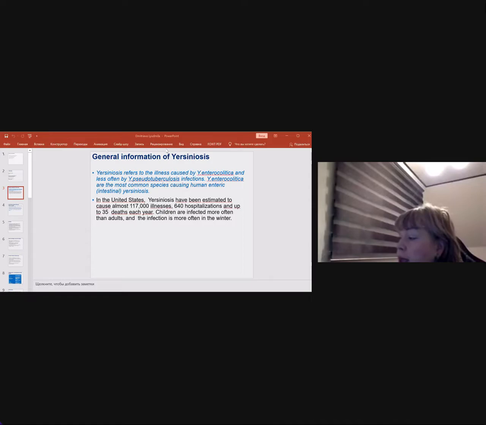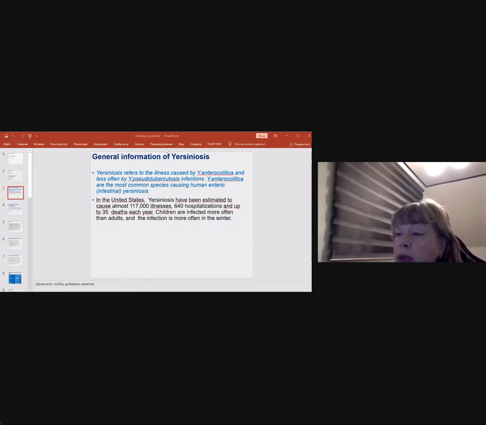Also, Yersinia pseudotuberculosis and Yersinia enterocolitica were identified as human pathogens early in the 20th century. Their significance as causes of human disease was not appreciated until much more recently. They appear to be more commonly associated with human disease in Europe, particularly northern parts of the continent, than elsewhere.